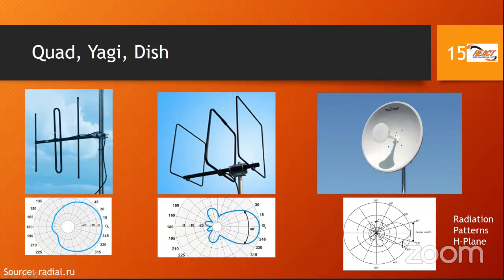A very sharp signal concentration in one direction. Again, sorry about this, the antenna is actually pointing in the opposite direction. So think of this antenna as pointing towards the right. And if you do that, we will see what the radiation pattern is for this antenna, right? So the takeaway here is that these antennas, the Yagi, the quad, and the dish are highly directional antennas.